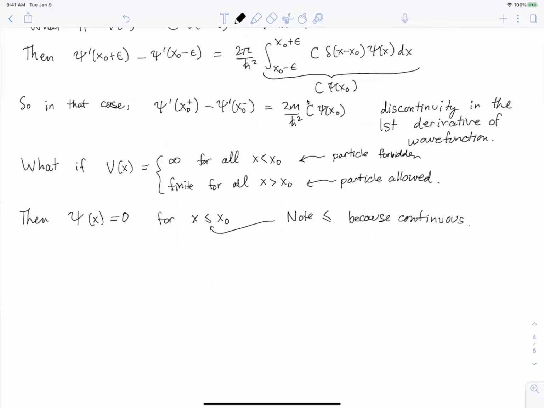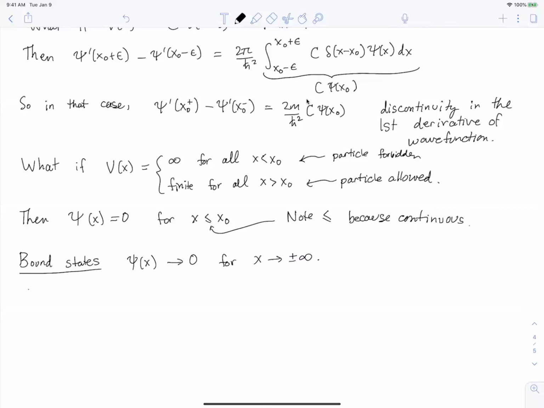So finally, we can talk about the behavior of wave functions at infinity, and there's the concept of bound states, which we've mentioned before, but now we're going to talk about them again. Bound states are things whose wave function goes to 0 for x getting super large or super small, so x going to plus or minus infinity.